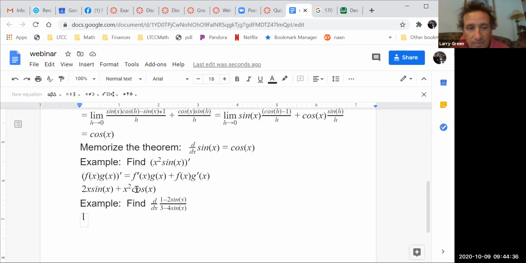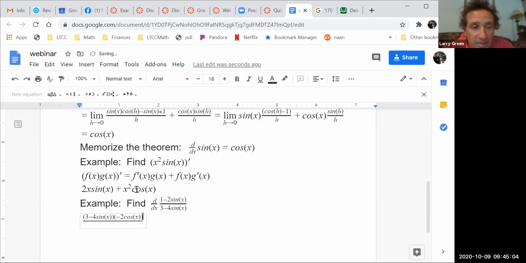Let's take a look. So what we're going to do is we're going to do the poem, right? Low d high minus high d low, square the bottom, and away you go. So the low is 3 minus 4 sine x. D high, so the derivative of 1 minus 2 sine x will be negative 2 cosine x.